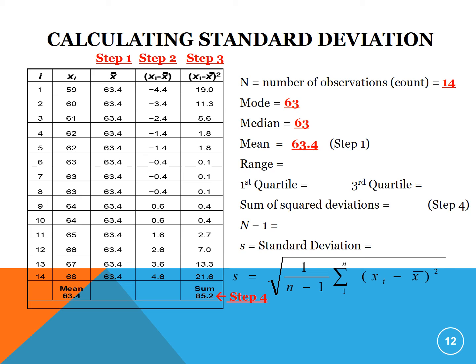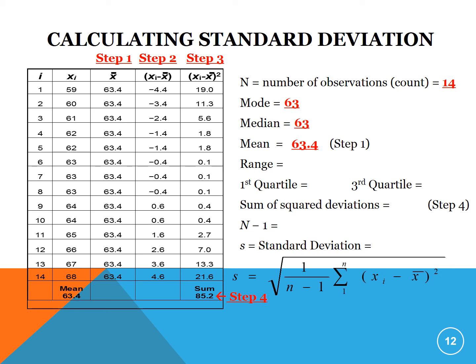Let's go all the way down to the bottom. 4.6 times 4.6 should give you 21.6, or 4.6 squared is 21.6. Now, step 4 is essentially, if you remember what we said about that sigma sign, all we're doing is adding up everything we just squared and calculated. And that number should sum up to 85.2.